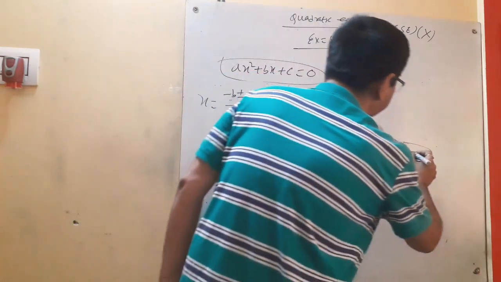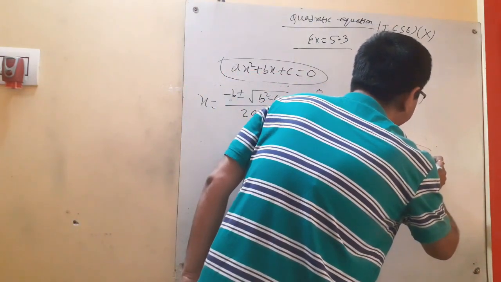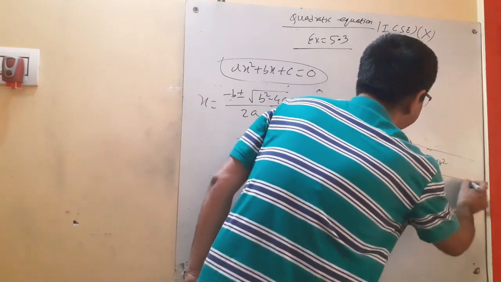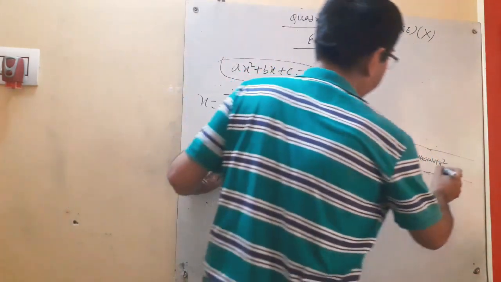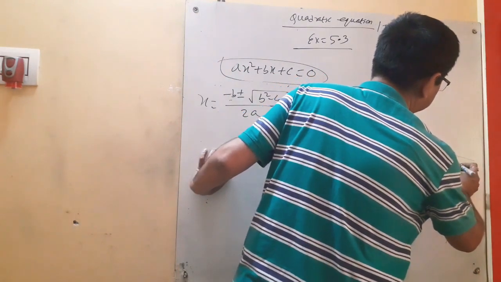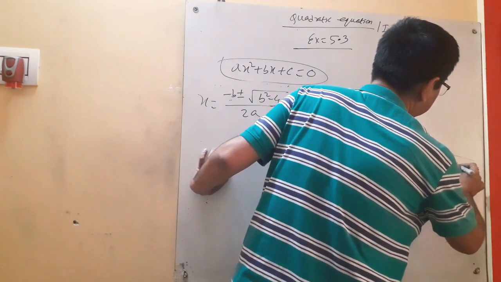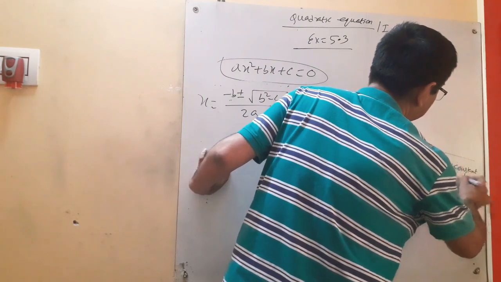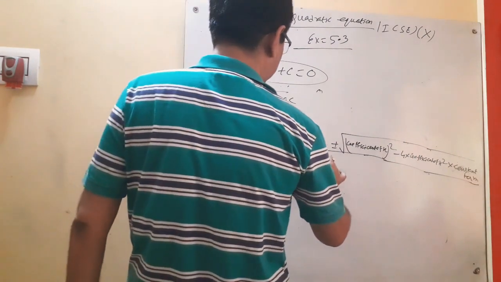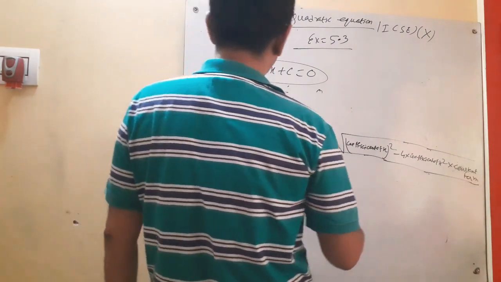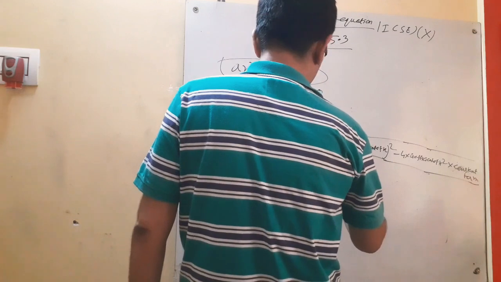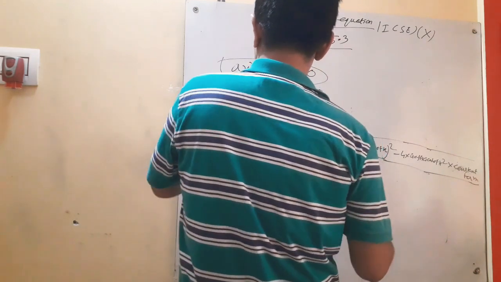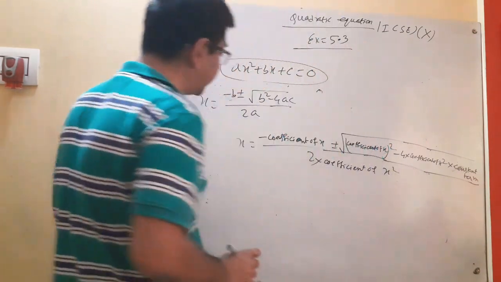What is a? The coefficient of x square. And c is the constant term, by 2 into a. What is a? a is the coefficient of x square. This is the formula.